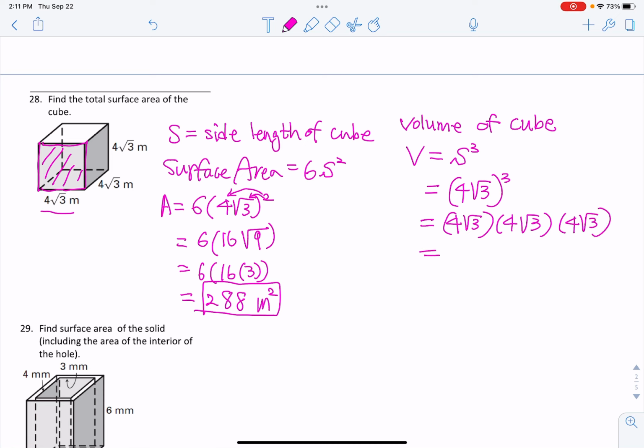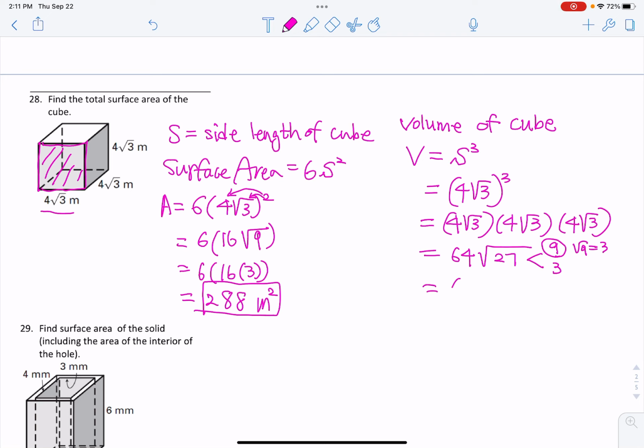So 4 times 4 times 4 makes 64. And square root 3 times square root 3 times square root 3 will be square root 27. But this one will be the same as 9 times 3. Inside, the square number will come out, square root 9 is the same as 3.